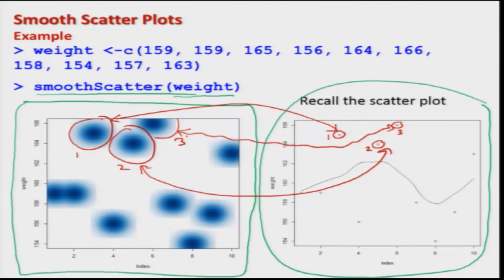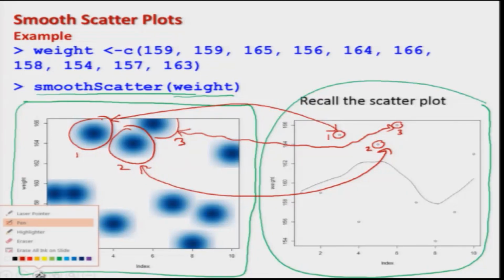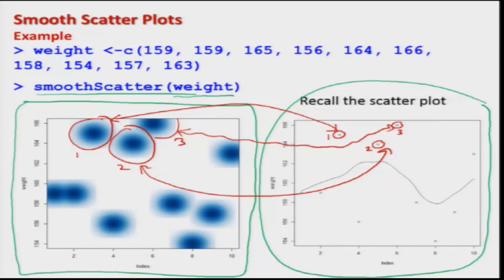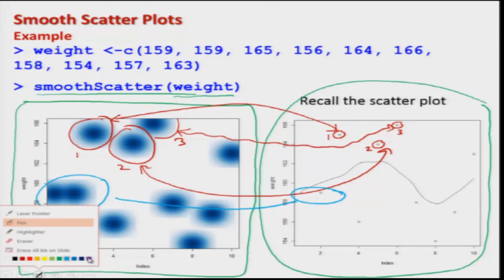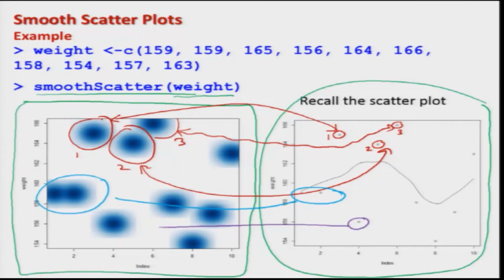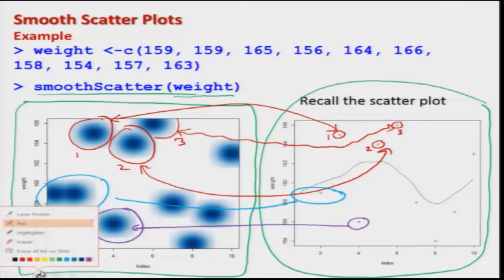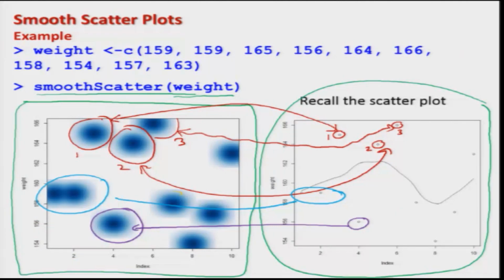And similarly, now I will use a different color so that you can observe the movement of my pen. These 2 points, they are here, and similarly this point is here, and similar to this, these points 1, 2 and 3 are here.